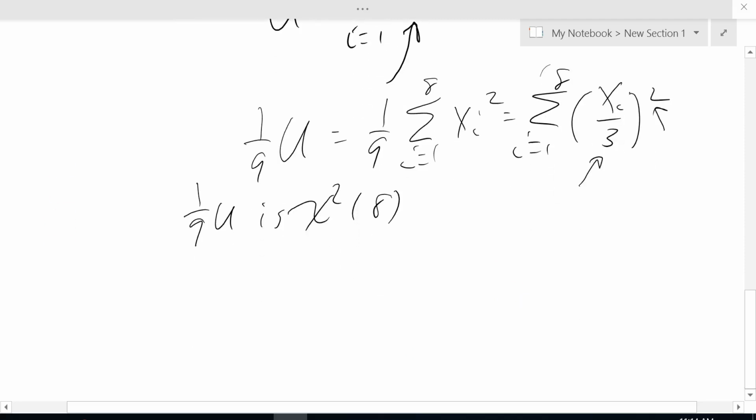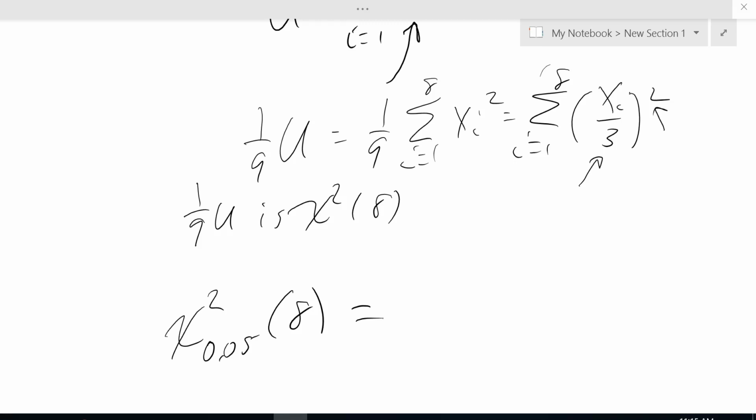So then that goes to the next problem where it asks for the 95th percentile of u. So if I want the 95th percentile, we need to look up first the chi-squared sub 0.05. That gives the 95th percentile of the regular old chi-squared distribution. I do not remember that number off the top of my head.